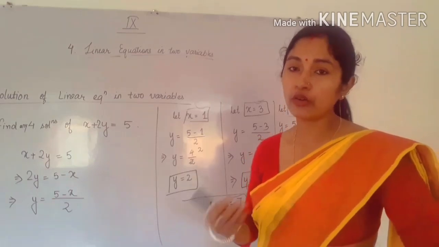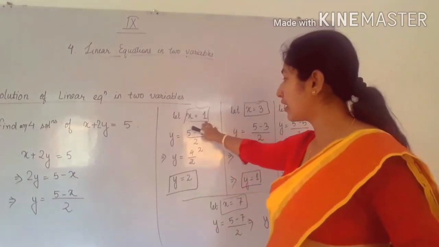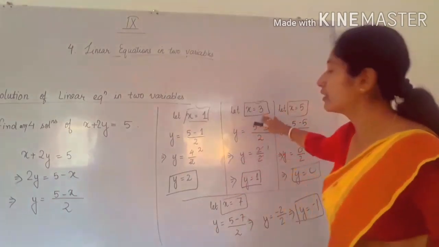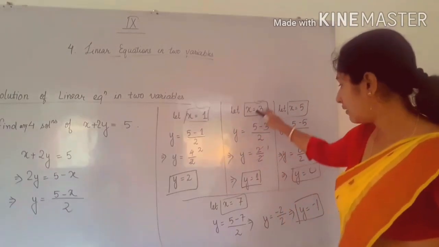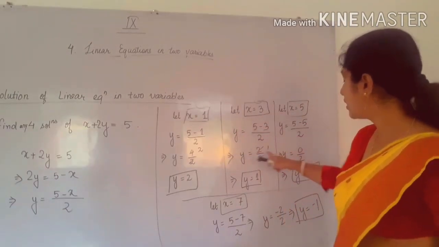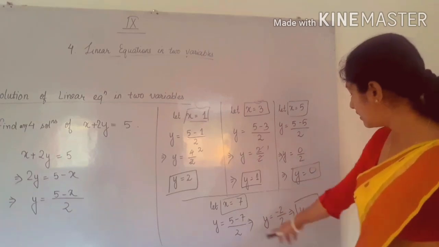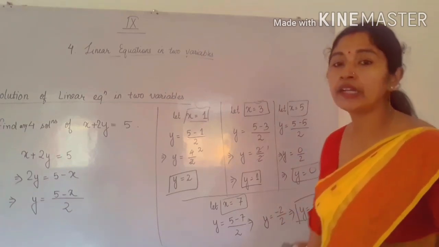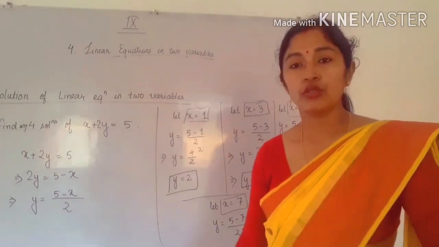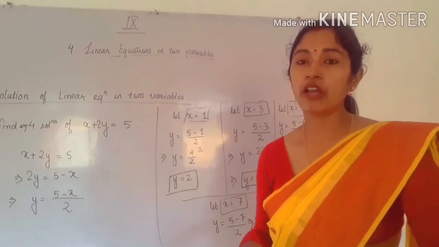For that I have taken x as 1 first, then 3. By that I can make the numerator even, so it gets cancelled easily and I can easily find an integer value. You can take a fraction value also.